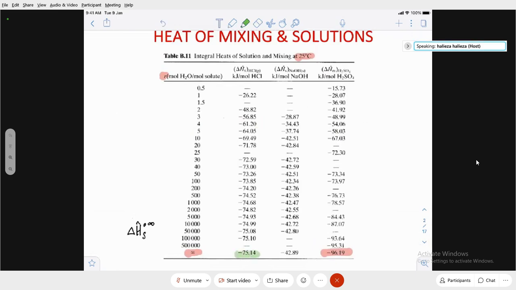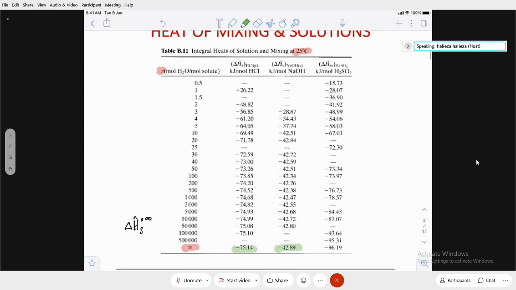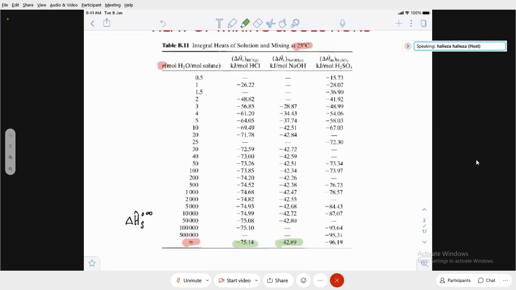The other value that we want to find is sodium hydroxide. Based on these two values, we are going to substitute into our example just now. 42.89.